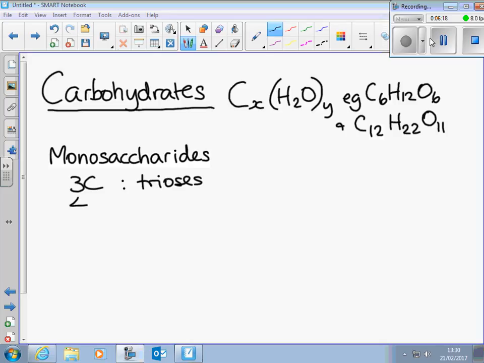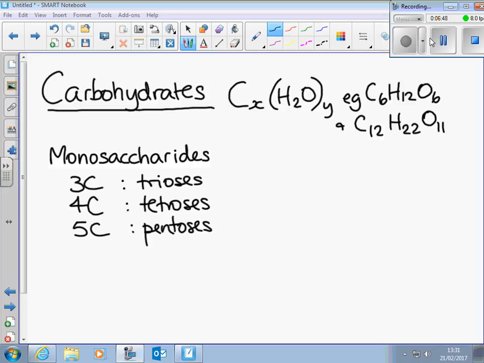You have 4 carbon sugars are less common. Tetroses, we don't really meet any. 5 carbon sugars, pentoses, we're not going to look at them in this section on the carbohydrates, but we will meet them when we do the nucleic acids, because the first part of the name of DNA or RNA relates to the sugar, and that sugar is ribose.